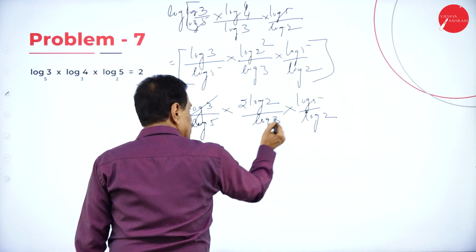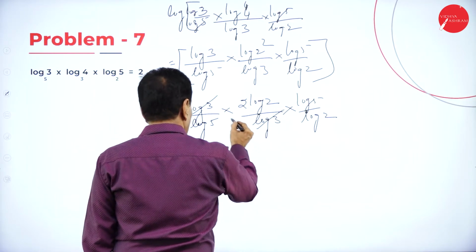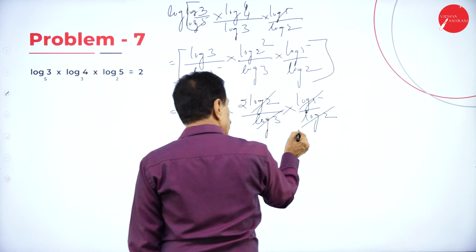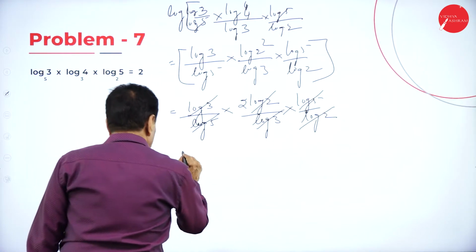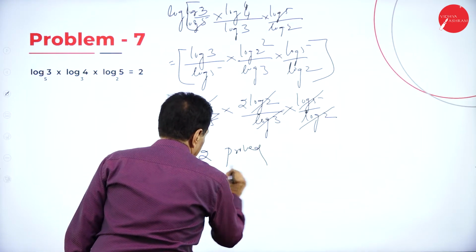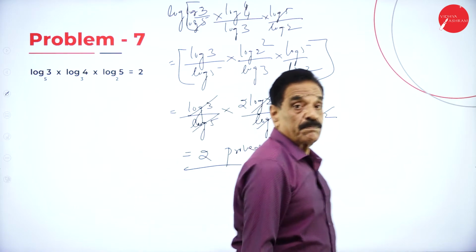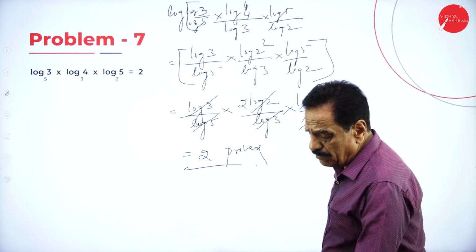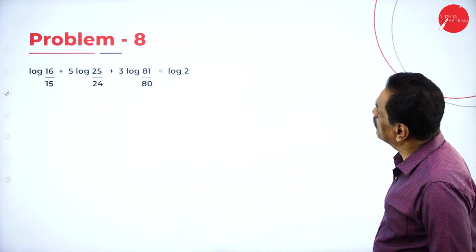Log 3 cancelled out, log 5 cancelled out, log 2 cancelled out. Answer is 2. Proved. Very simple problems. Slowly we have to do. We'll move on to the next one.